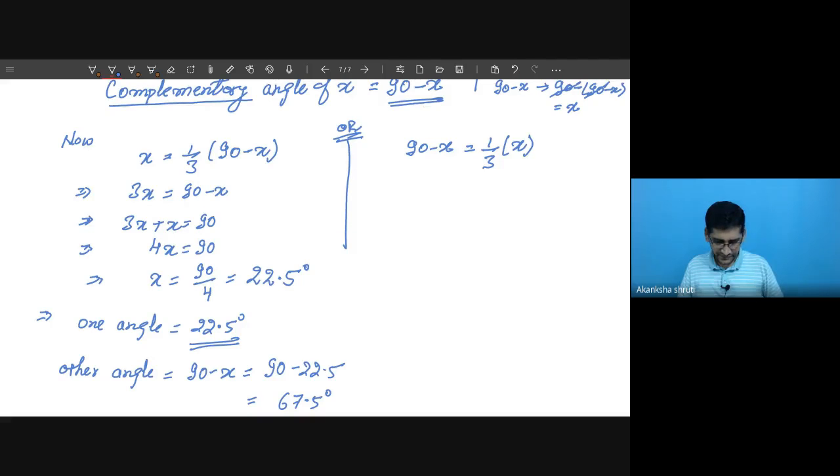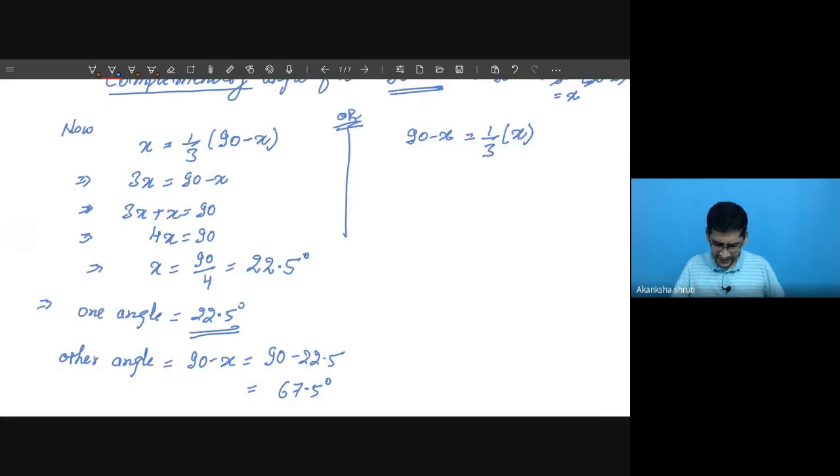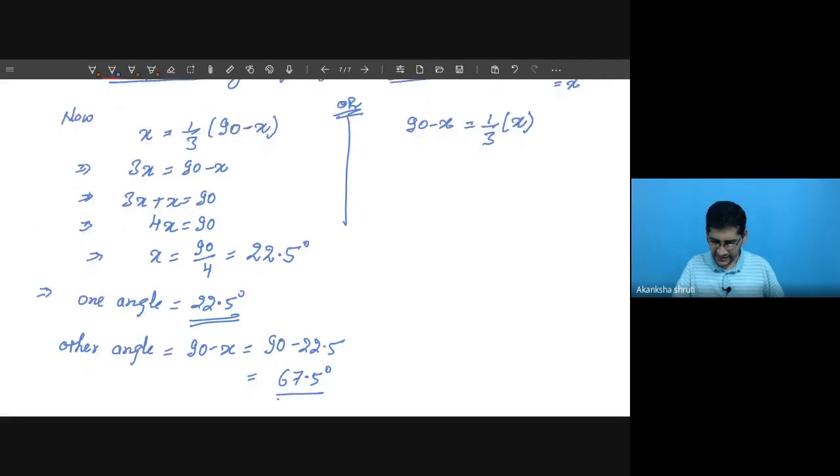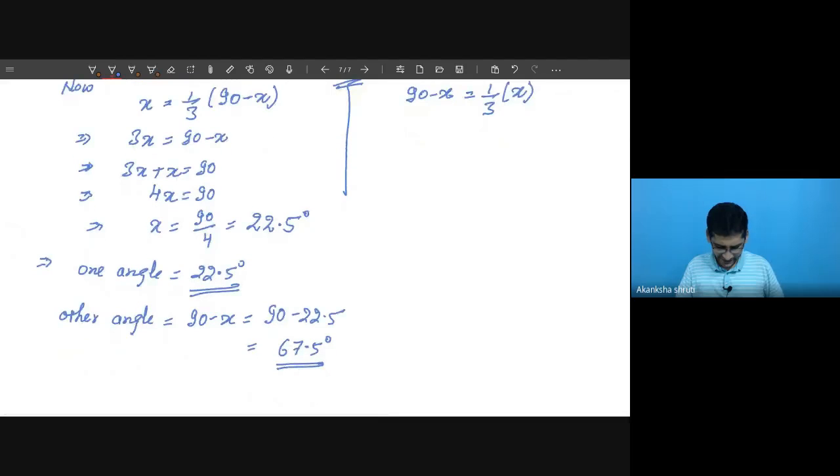Student, here we have to verify also, or you can also verify. Which angle is bigger? 90 minus x, this angle is bigger. If we divide this bigger angle by 3, are we getting the smaller angle? So go for dividing this. It is giving us 2 times. Then 7, again 2 times. 1 is there. Then the point is there, and 5. It's okay.